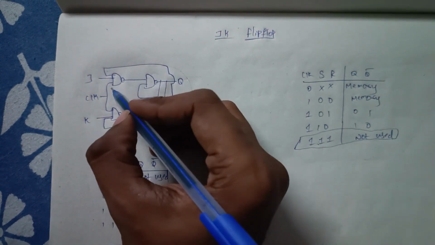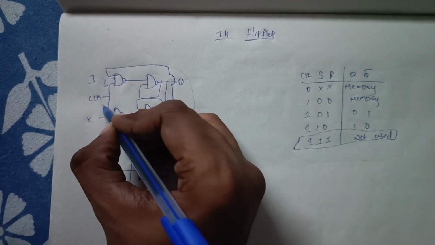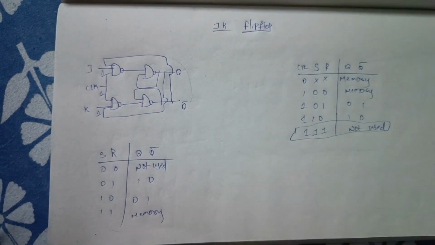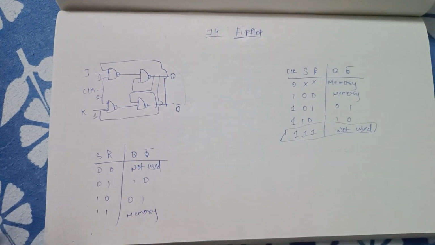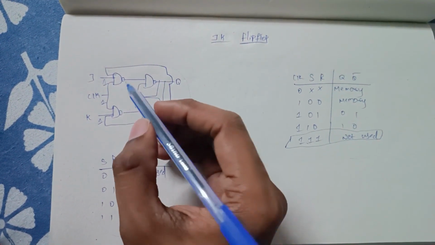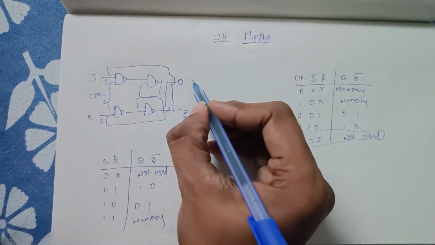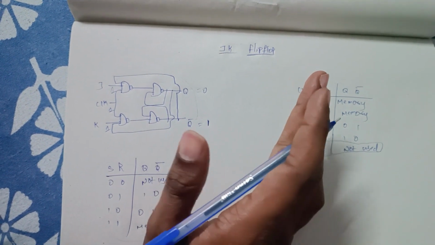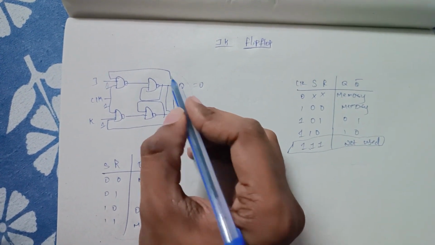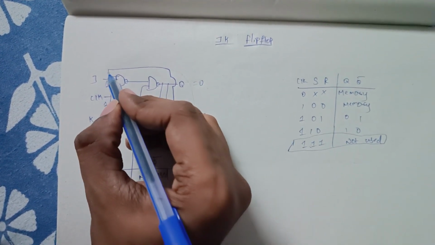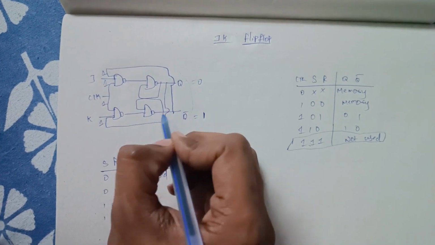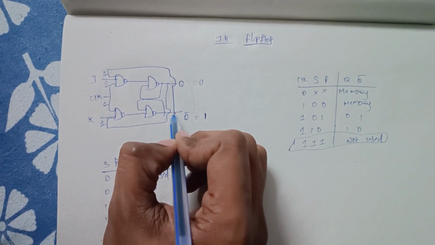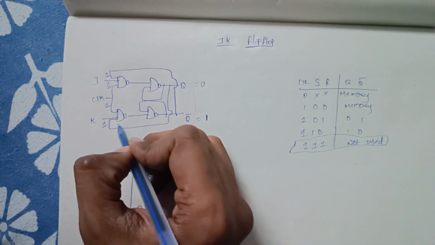So for that I am giving J, clock and K as 1, and suppose I am assuming that Q is 0 and Q bar is 1. I am just assuming this. Now the Q bar will be applied to this, here the value is 1, and the 0 will be applied to this K gate.